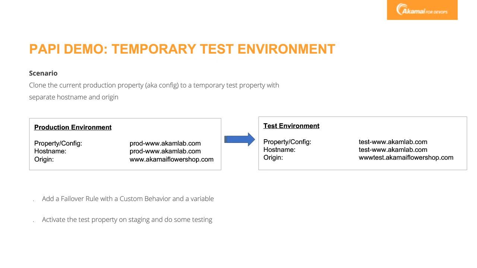So in this scenario we're going to set up an Akamai test config, which initially is going to be a clone of the production environment. Then we're going to make some changes to it and push it to staging, and also to Akamai production, so that the team developing this new failover functionality can do their testing.